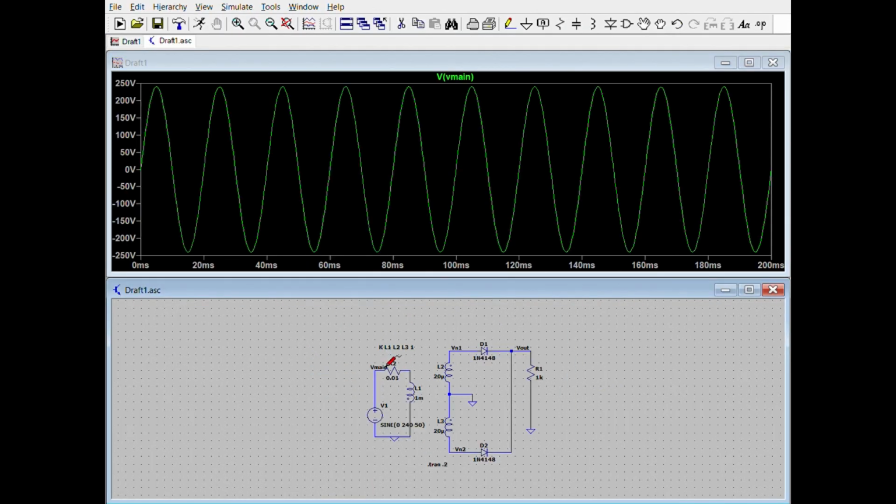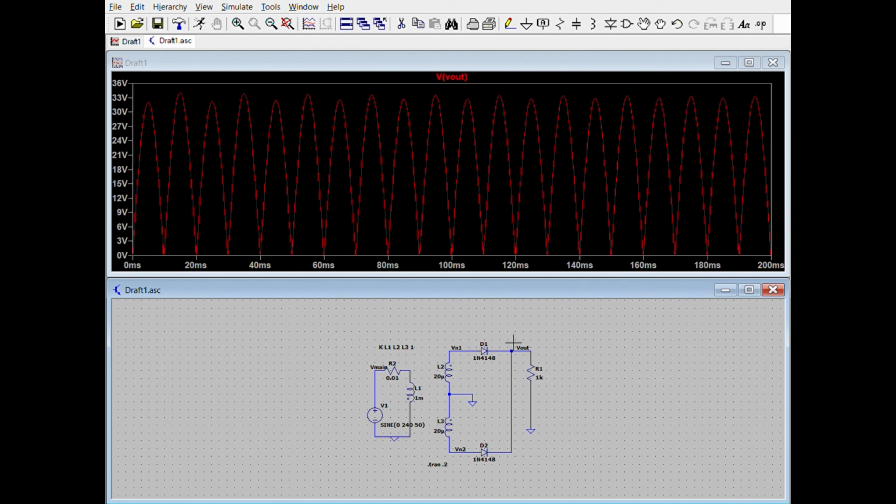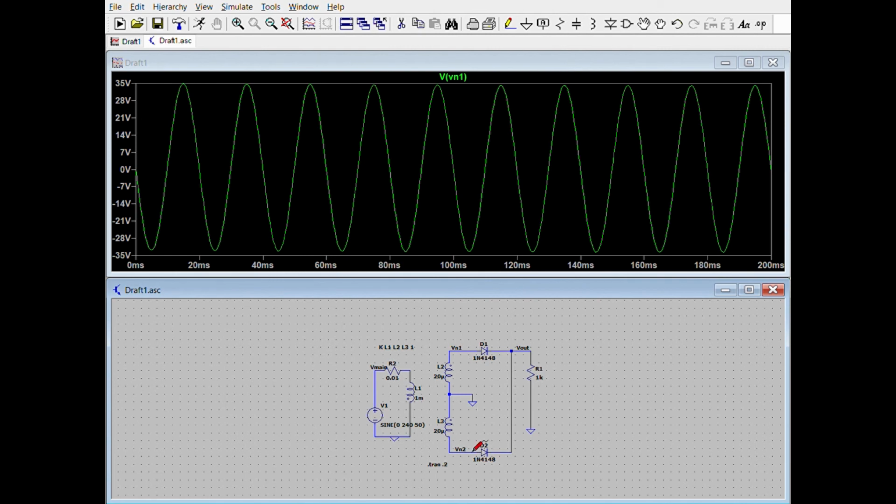This is the sine wave for the AC input, and this is the Vout, Vn1, Vn2.